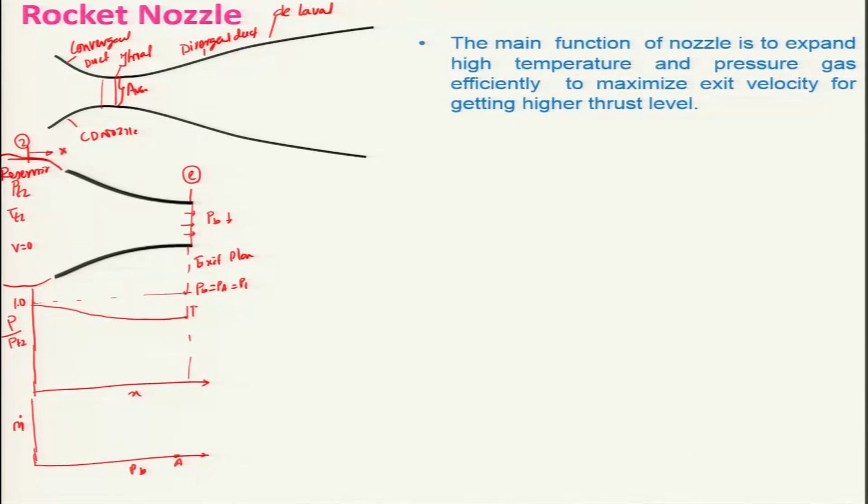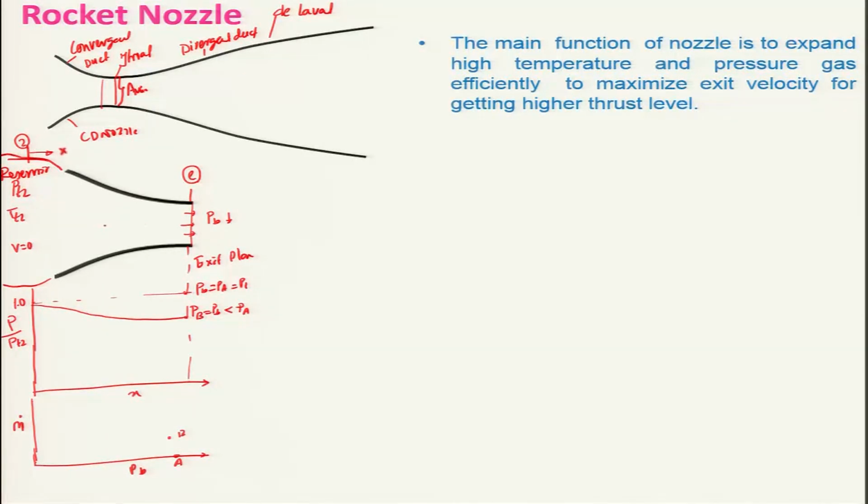Let us say this is the PB condition, which is less than PE or PT2. So that flow will be, let us say, your point B.